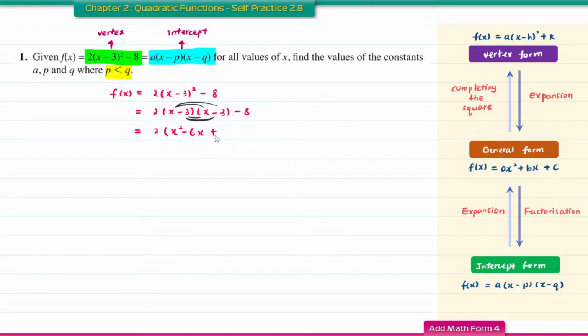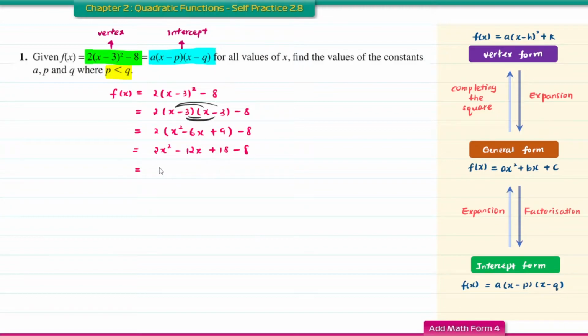Here you're going to have a positive 9 minus 8. Next, we're going to multiply all the terms inside the bracket with the number 2. So 2x squared minus 12x plus 18 minus 8.